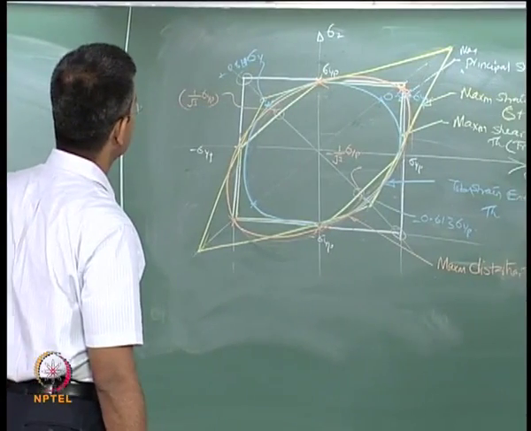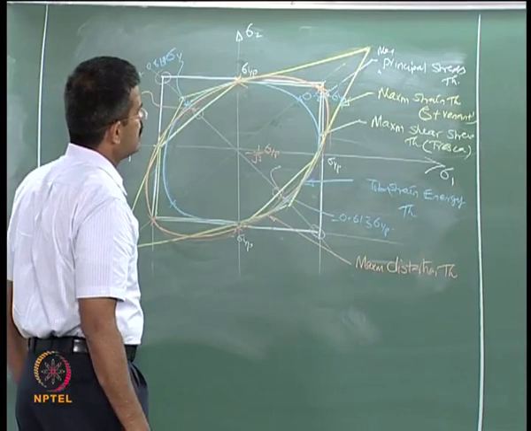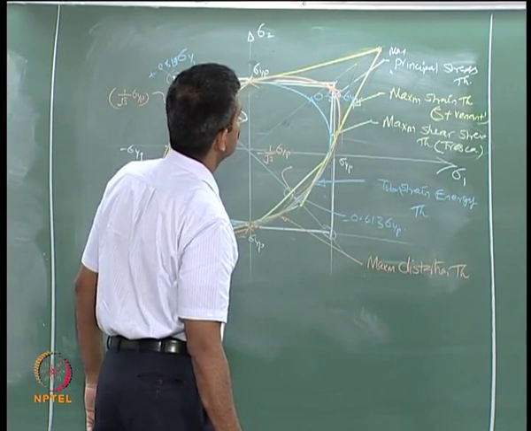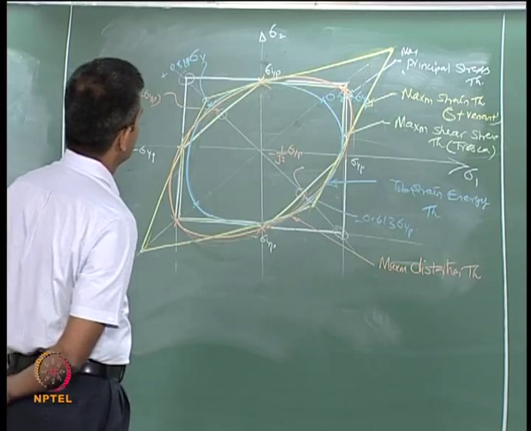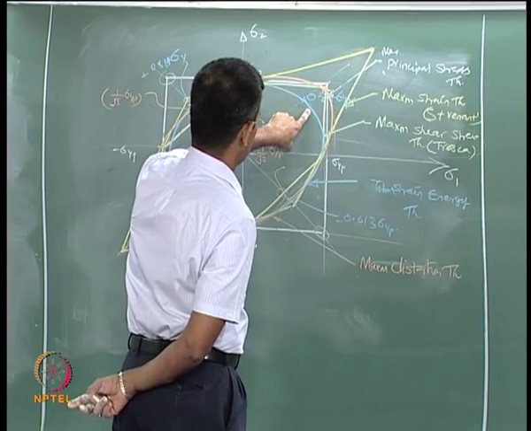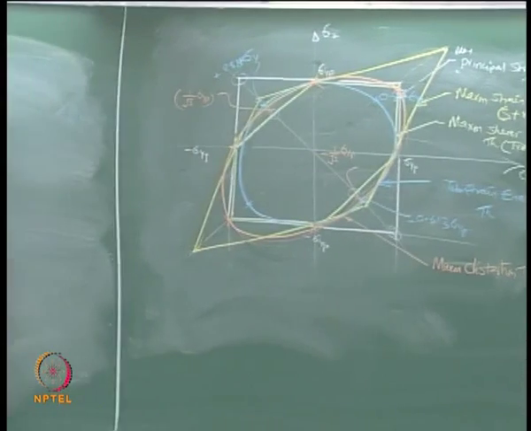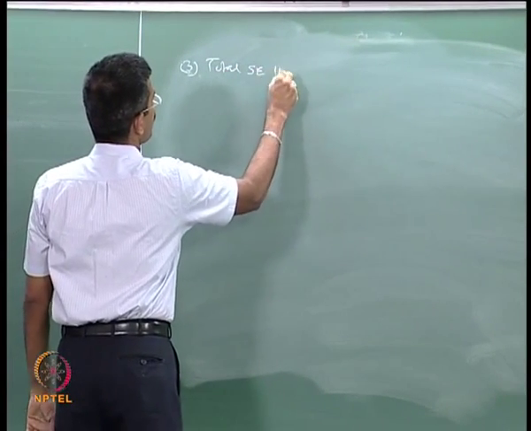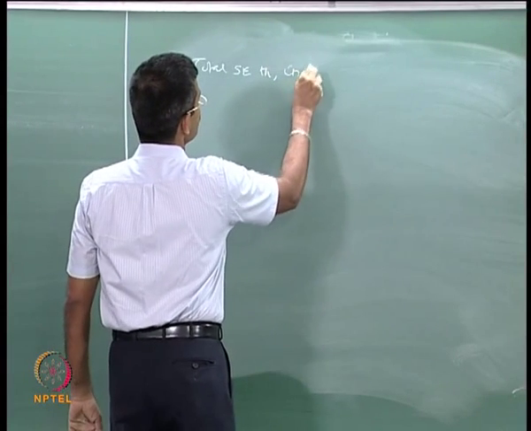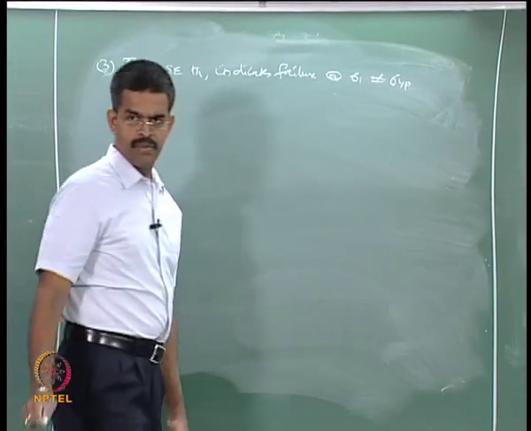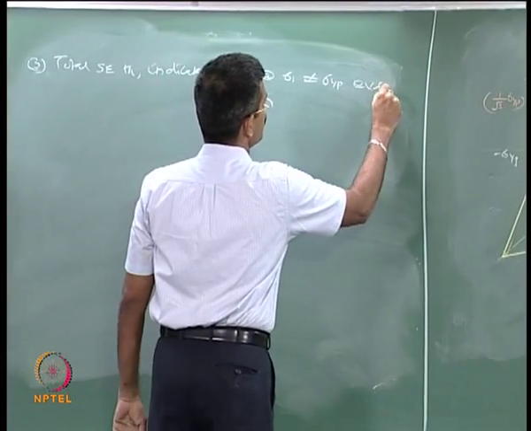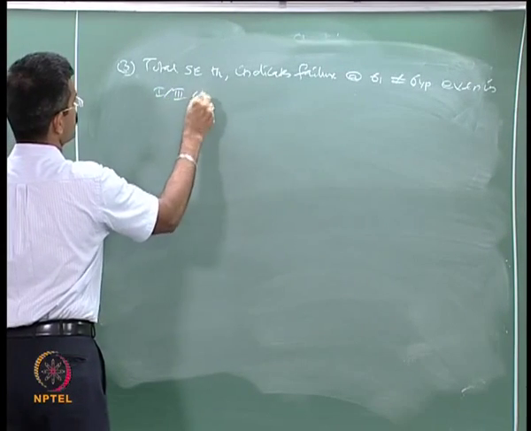The third inference is the total strain energy theory indicates failure at sigma 1 not equal to sigma yp even in first and third quadrants.